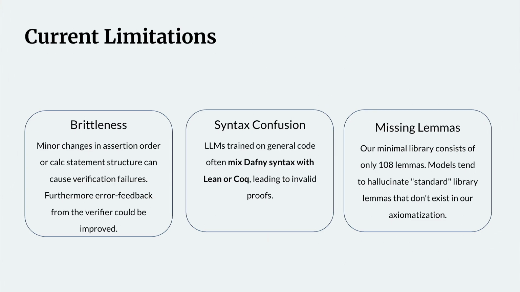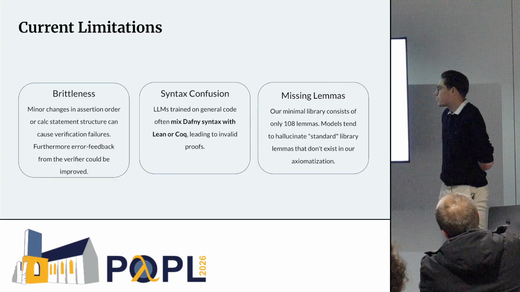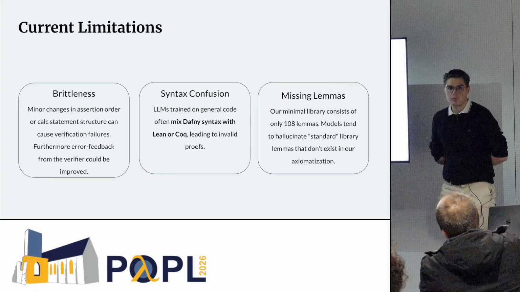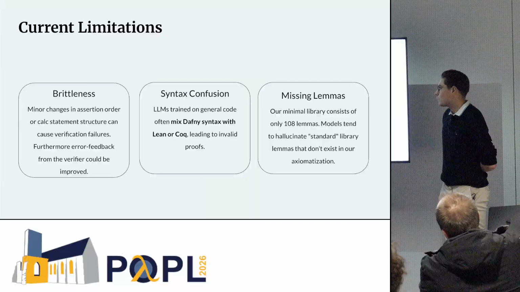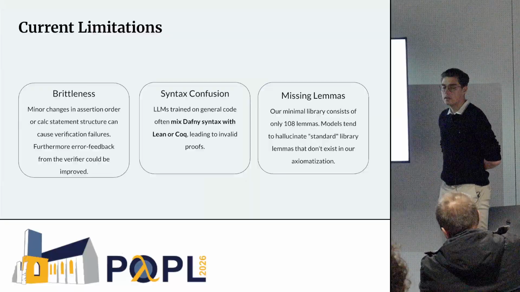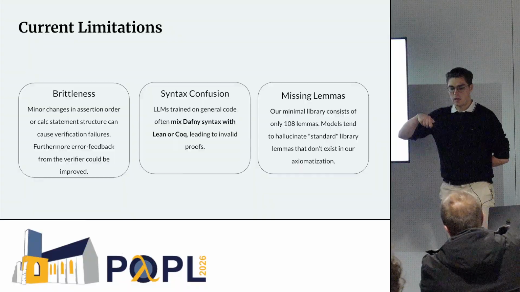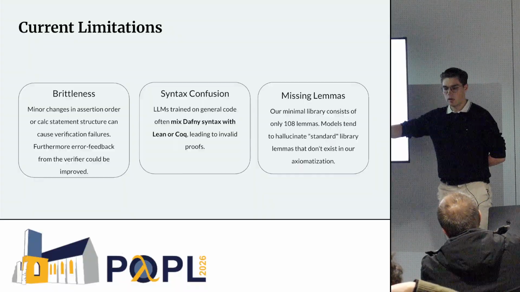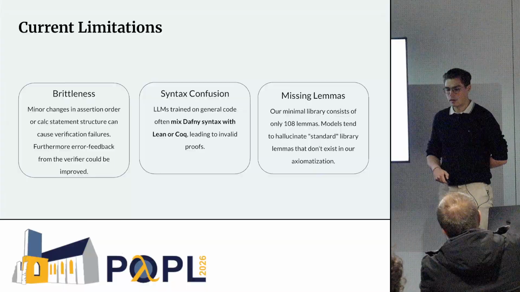Just to recap the limitations, brittleness is still a huge limitation even when LLMs come into play. Minor changes in assertion order or even calc statements do change the cause of verification failures. The models might be fixing one error that it got in a particular error correction run.